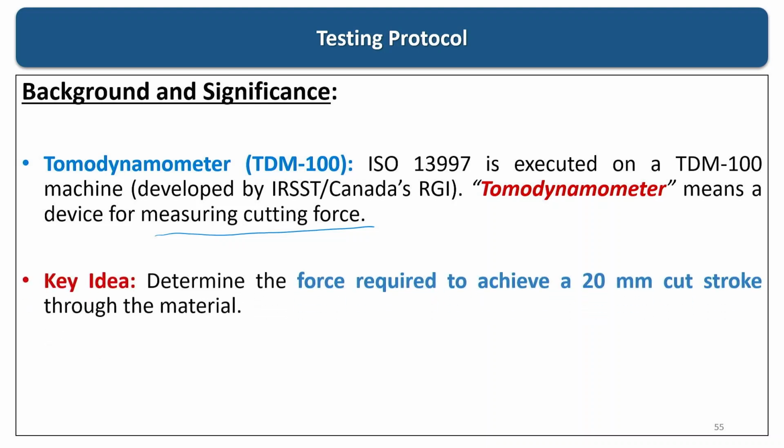Now, the key idea is to determine the force required to achieve a 20 millimeter specified length of cut stroke through the material. That is important, and we have already explained it earlier.